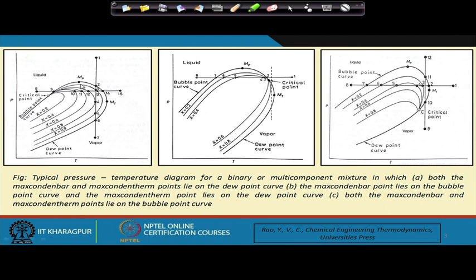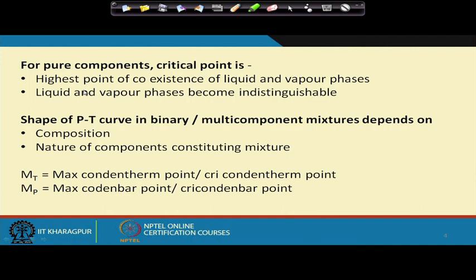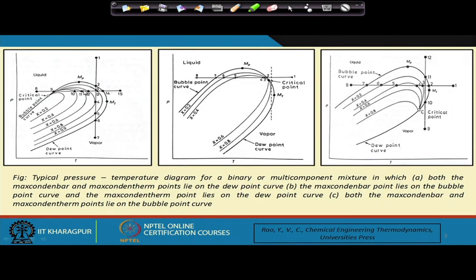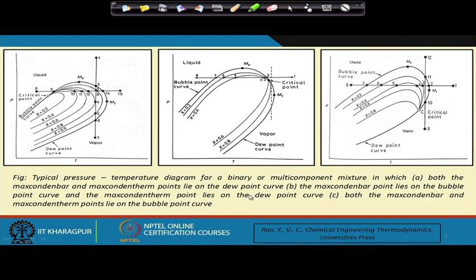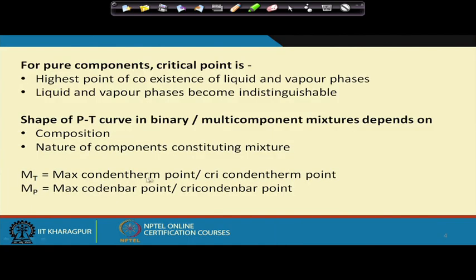The highest pressure at which liquid and vapor exist is known as the maxcondenbar pressure or the cricondenbar pressure. In a similar way, the highest temperature at which the liquid and vapor can coexist is known as the maxcondentherm temperature or the cricondentherm temperature.